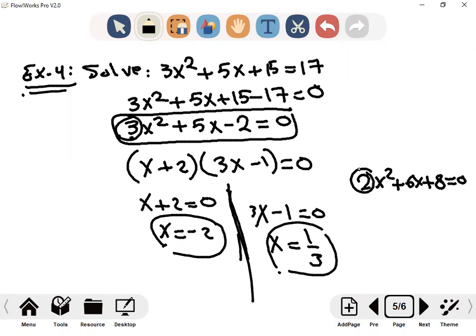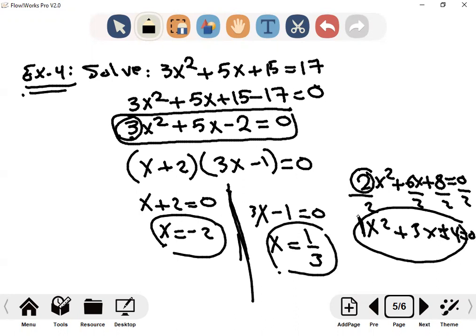How? Divide the whole equation by 2, right? This will be x power 2, this will be 3x, this will be 4, right? And here it turns to 1, right?